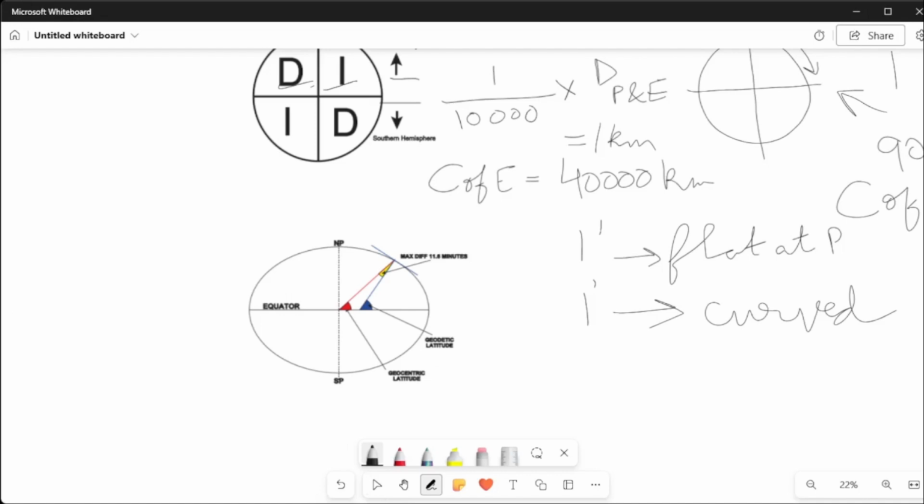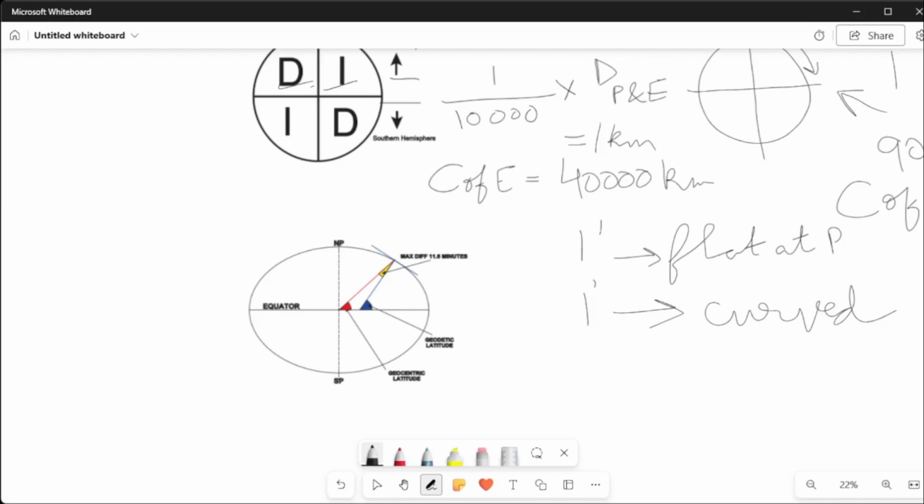So therefore a nautical mile is longer at the poles, that is 6108 feet, and shorter at the equator, that is 6048 feet. The average of this is 6076.1 feet, which for calculation purposes is taken as 6080 feet.